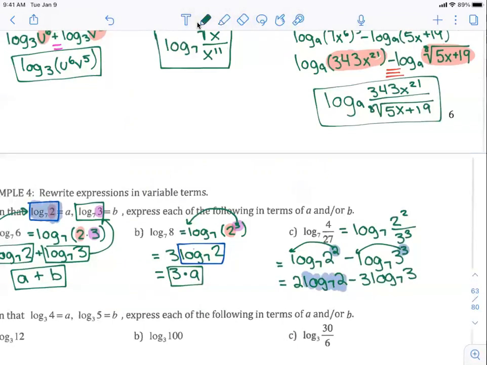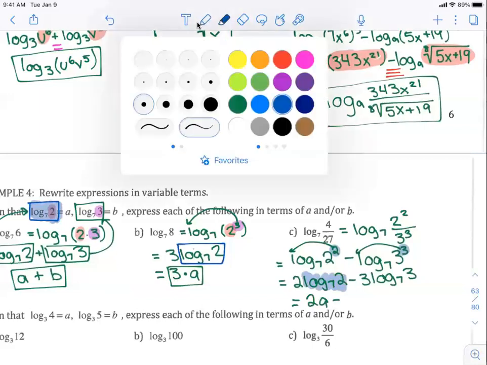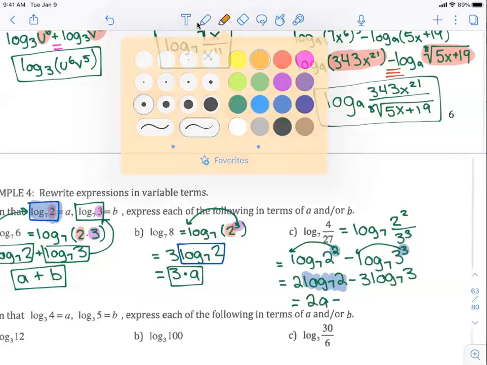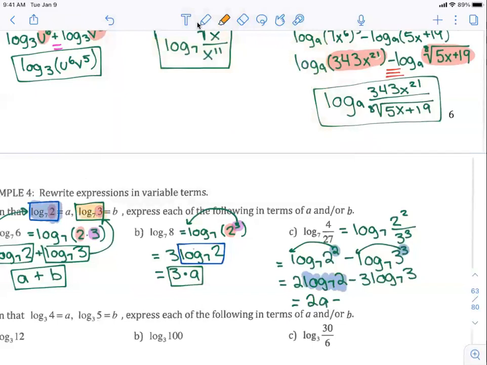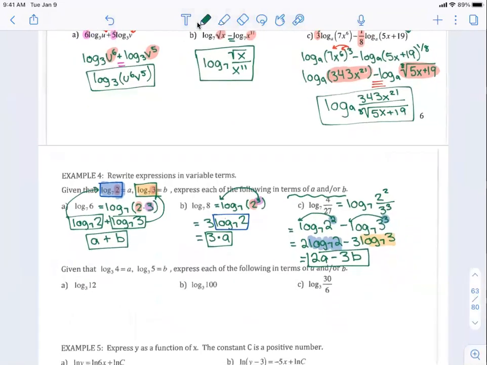So I'm going to replace that with an A minus, and then I'm noticing very nicely that log base 7 of 3 matches up with log base 7 of 3. So I can write that as minus 3B because I can replace the log base 7 of 3 with a B. And that is simplified. Now it's in terms of A and B, just like it asked.